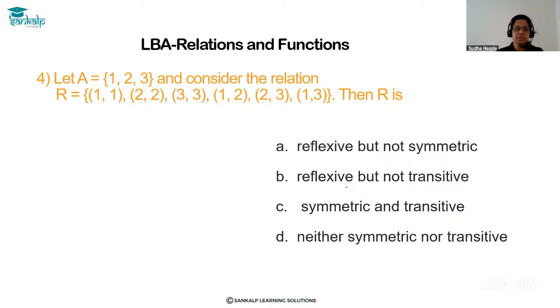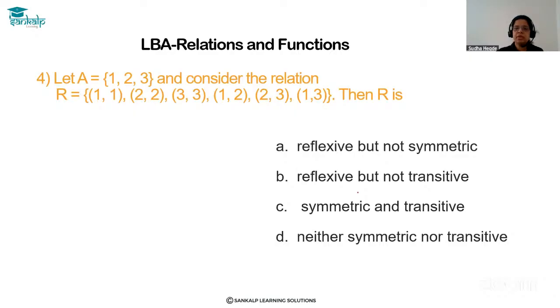Hi students, let us take fourth question. Let A = {1, 2, 3}. Consider the relation R = {(1, 1), (2, 2), (3, 3), (1, 2), (2, 3), (1, 3)}. Then we need to check the four options.